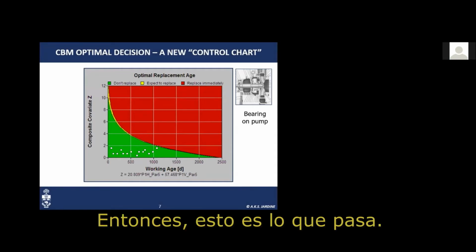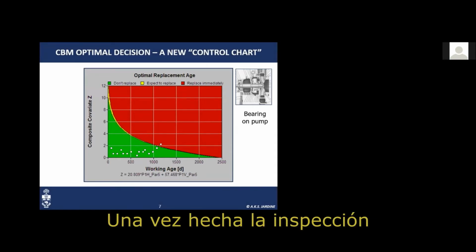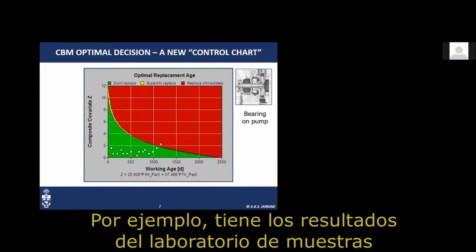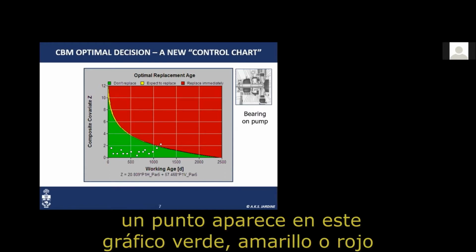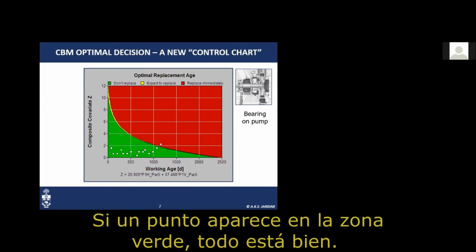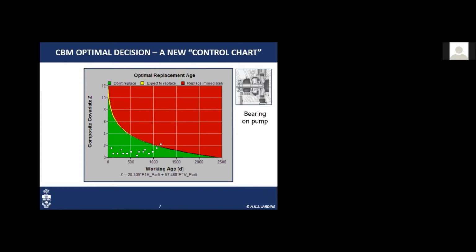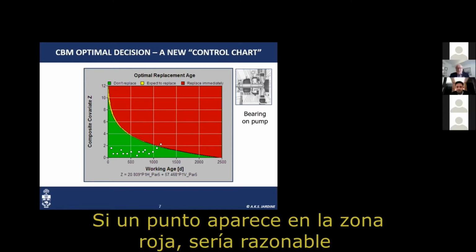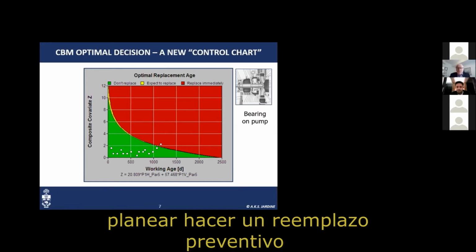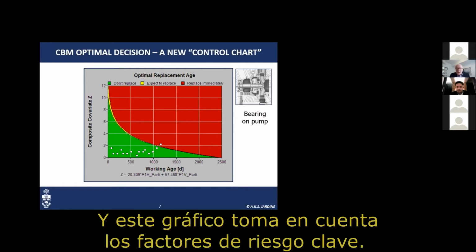So here's what happens. Once the inspector makes the inspections and gets the results from the laboratory, from oil sampling, for example, a dot appears on this red, green, and yellow chart. If a dot appears in the green region, everything is okay. If a dot appears in the red region, it says a smart move is to plan to do a preventive removal. And this chart takes into account the key risk factors.